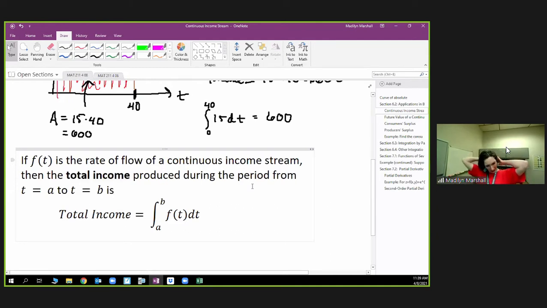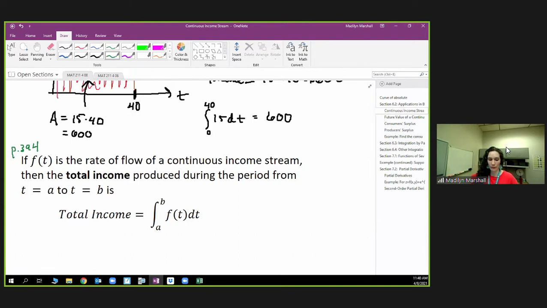So this is also on page 394. So if f of t, so we're going to be using t because the flow rate is going to depend on time.